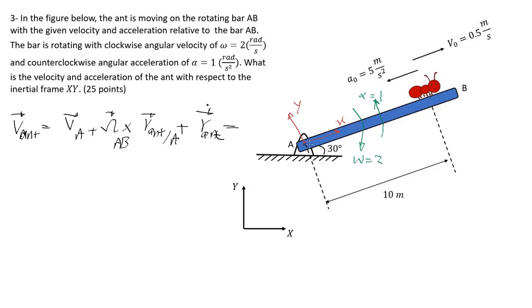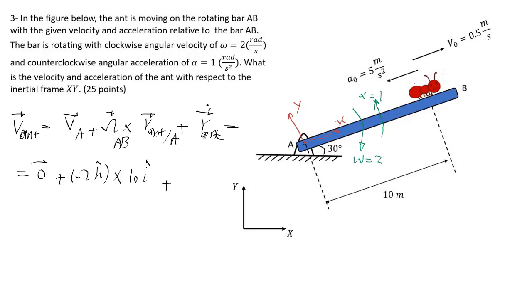So here we have VA equal to 0 because A is a pin point, plus omega AB is just 2 in the minus k direction, so we have minus 2k cross R ant with respect to A. Because of the way that we have considered our rotating frame, this is basically 10 in the I direction.